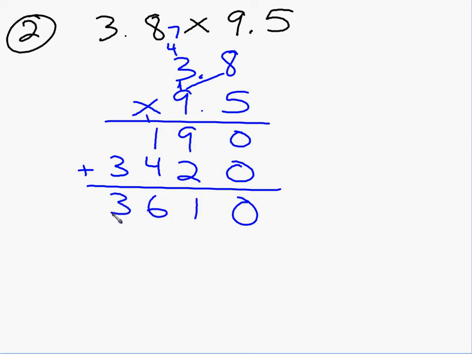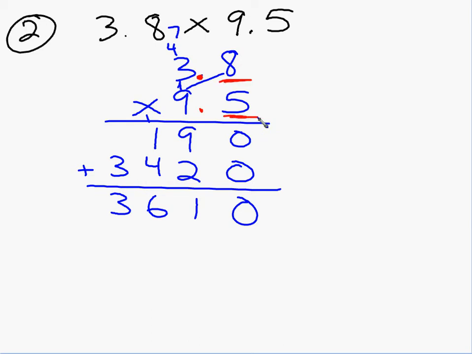Now, one of the reasons I wanted to do this problem is to remind you once again. See where these decimals are? You do not just bring that down and put it there. That's wrong. Just like on the last problem, we are going to count up how many digits are to the right of the decimal in the original problem.